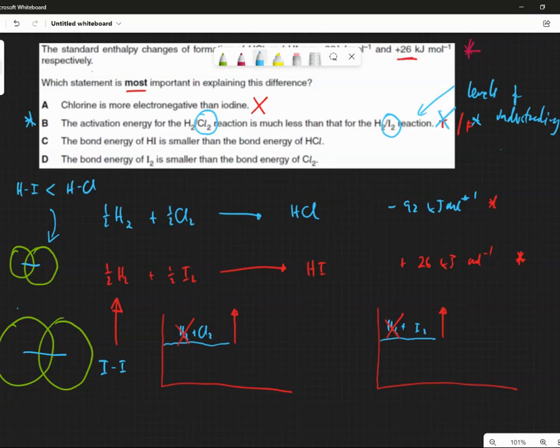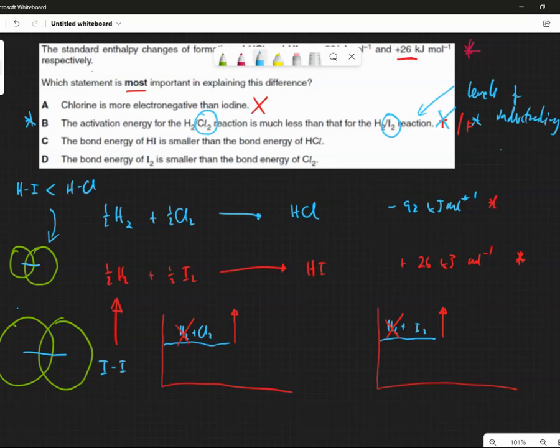I'm not saying is that the answer, but is that a true statement? The bond energy of HI is smaller than the bond energy of HCl. Anyone want to guess? It is true. Why is it true? Because it's a longer bond, isn't it?